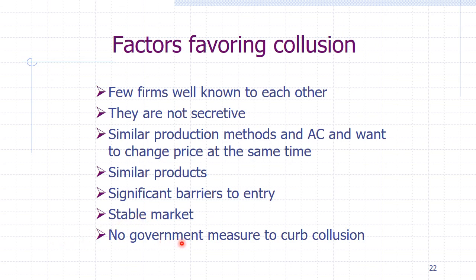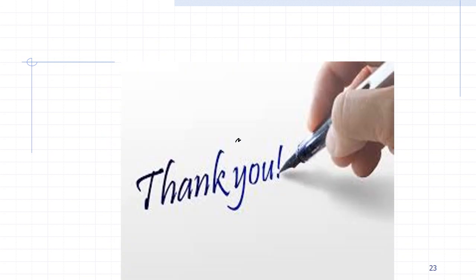And no government measure to curb collusion. Actually, if there is a cartel, the government also has very few opportunities to interfere. So this is the end of the oligopoly structure lesson. Thank you very much.